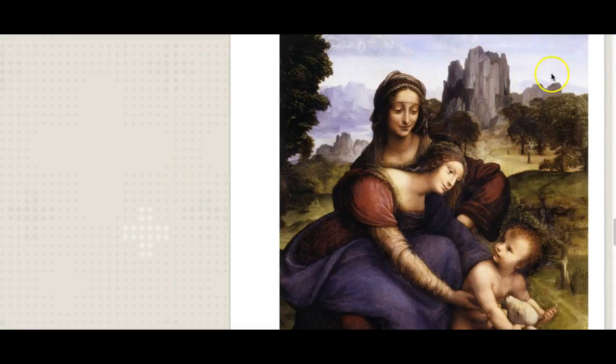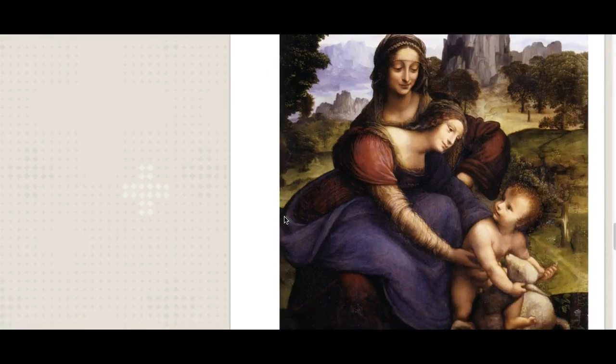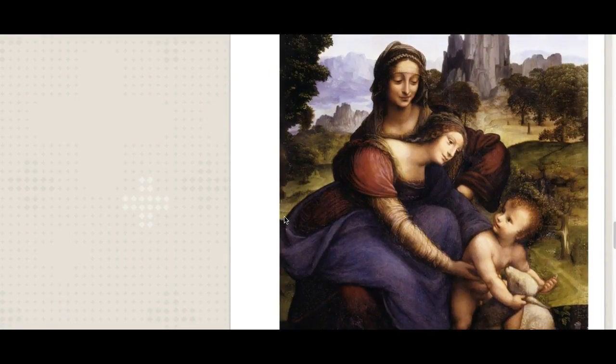There's a lot of atmospheric perspective. These mountains in the back are quite lighter than the ones here, and so we know that they're further away. And as it gets lighter as it goes back and back into this kind of void of space, this really is more of a one-point linear perspective. Da Vinci's just so good at it that he's tricky with the way he presents it.